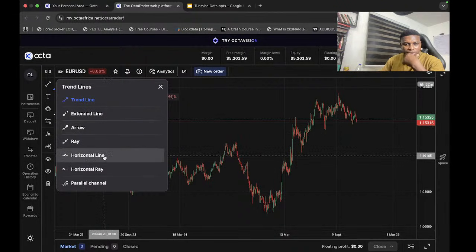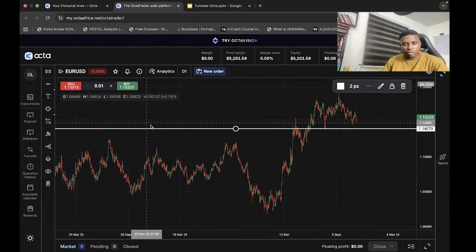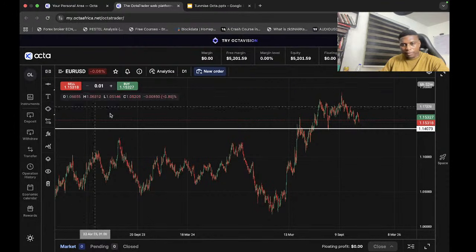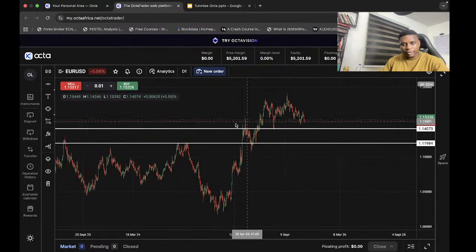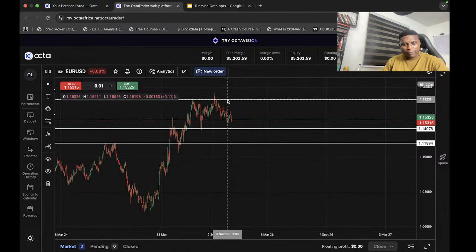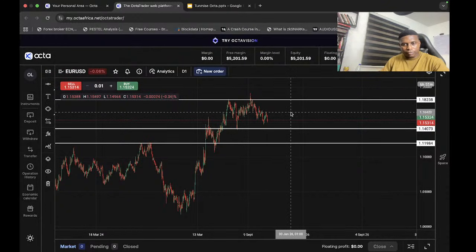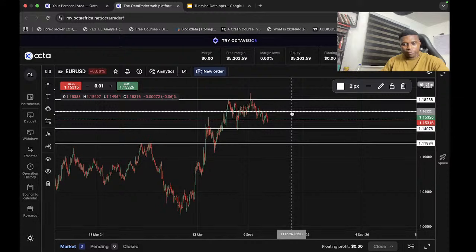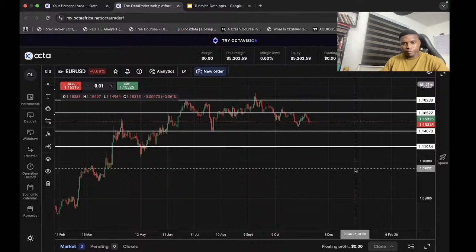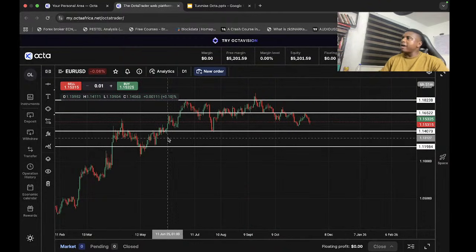So we'll take the horizontal line to map out levels of support and resistance. So we can see here how these levels have been mapped out.